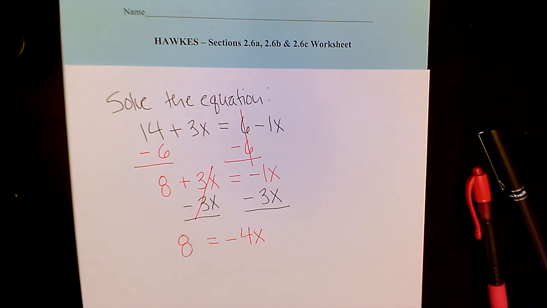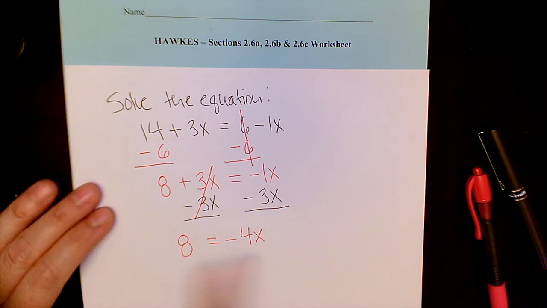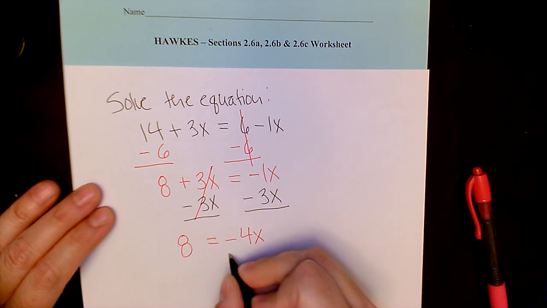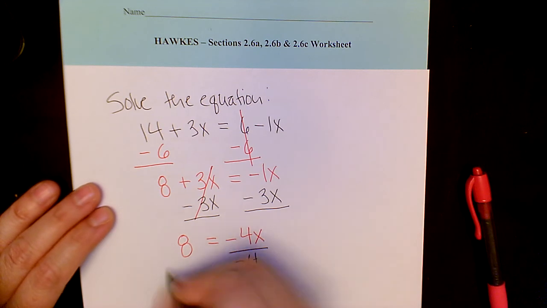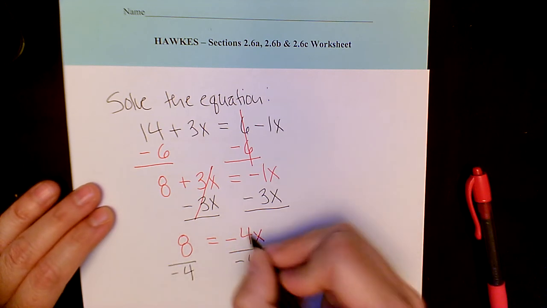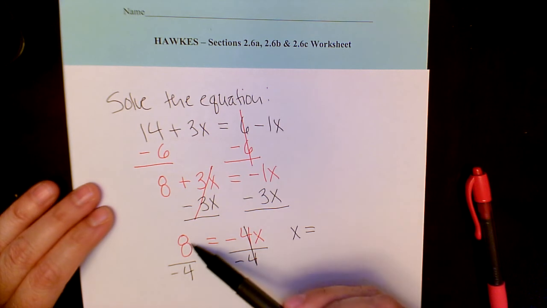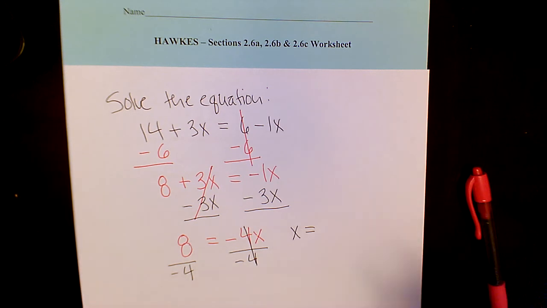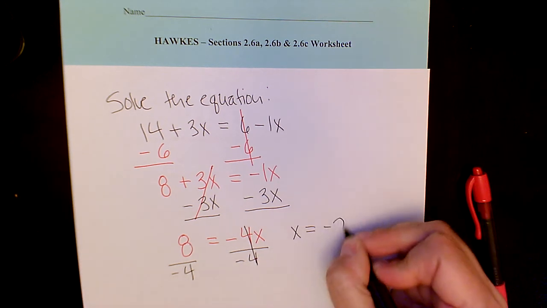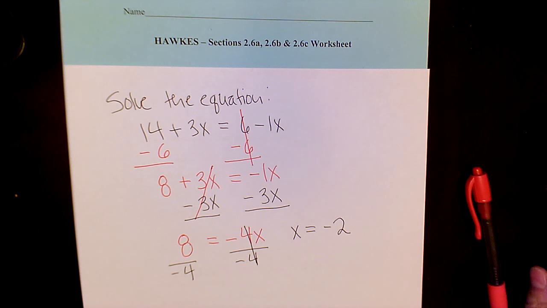Okay, what's the last step? Step number 4, we divide both sides, and what are we going to divide both sides by? Negative 4. Negative 4's cancel. What's 8 divided by negative 4? It's negative 2.